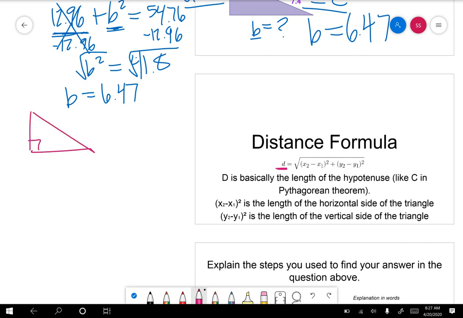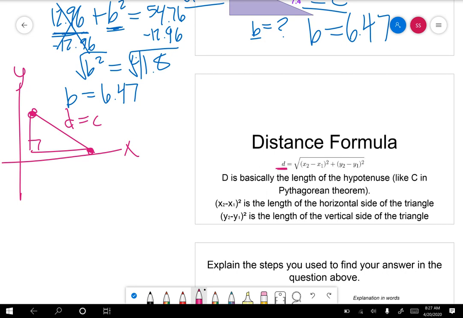So usually with distance formula, we're talking about the distance between 2 points on a coordinate plane. So C for our hypotenuse in Pythagorean theorem, that's going to be the same thing as D here. D in the distance formula is the same thing as C in Pythagorean theorem. Okay, it's just the distance between the 2 points, right?